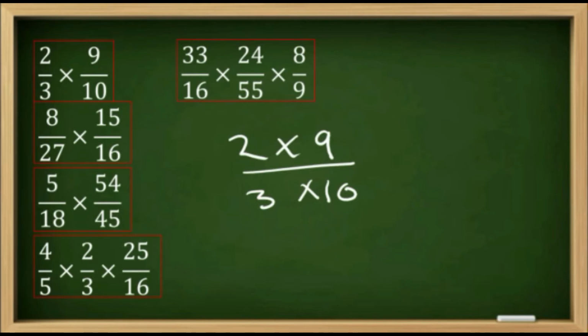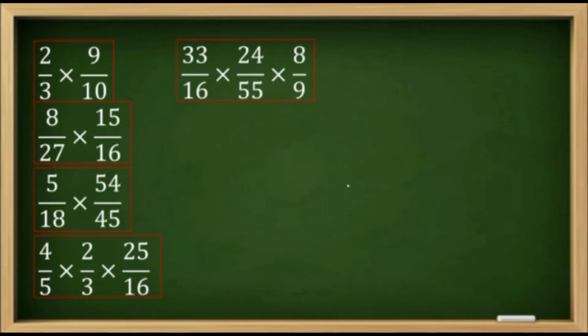First I'm going to simplify 2 and 10. 2 ones are 2, 2 fives are 10, and then for 3 and 9 I'm going to use 3, so 3 ones are 3 and 3 threes are 9. Now we multiply the top numbers and the bottom numbers. 1 into 3 is 3, 1 into 5 is 5, and this is our answer.